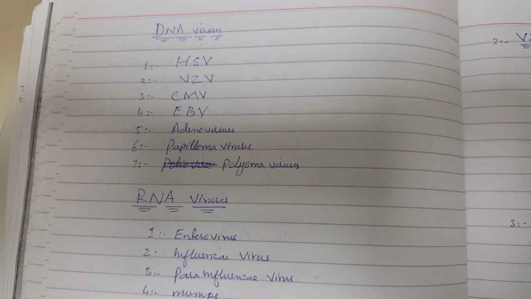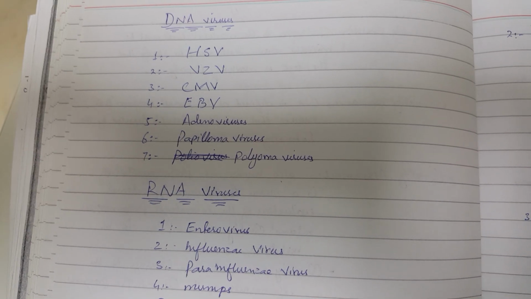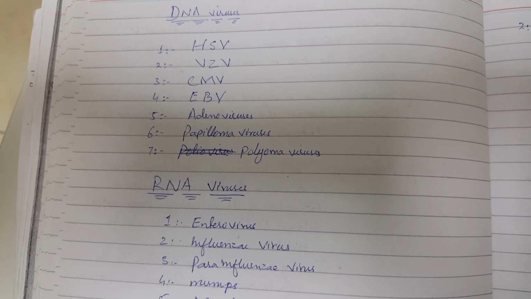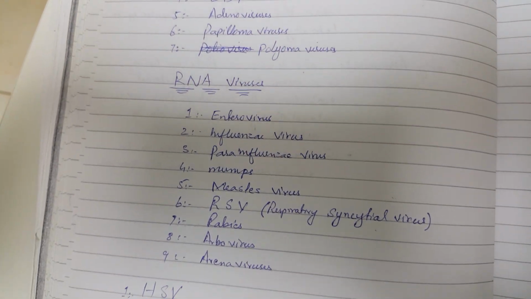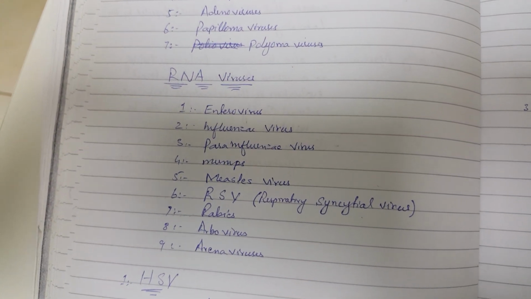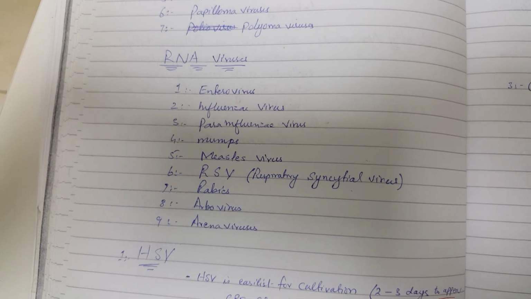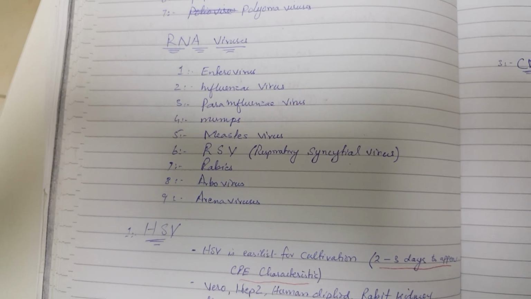The DNA viruses include herpes simplex viruses, Varicella zoster virus, cytomegaloviruses, Epstein-Barr viruses, adenoviruses, and papillomaviruses. And the RNA viruses include enteroviruses, influenza viruses, parainfluenza viruses, mumps, measles, respiratory syncytial viruses, rabies, and arboviruses.